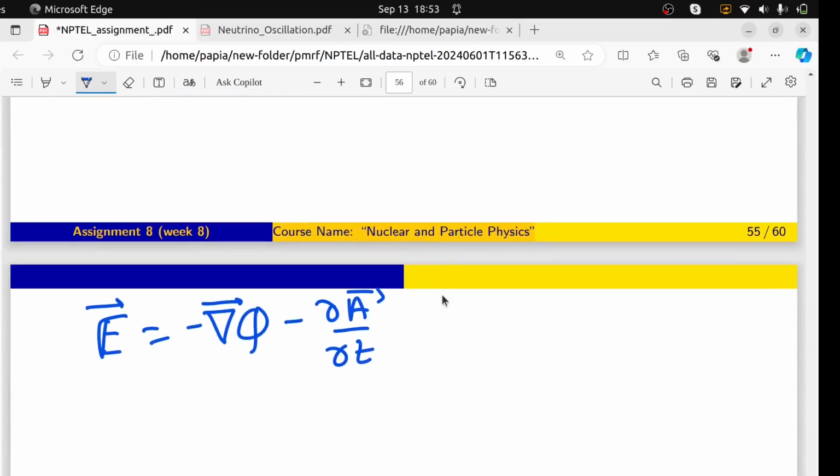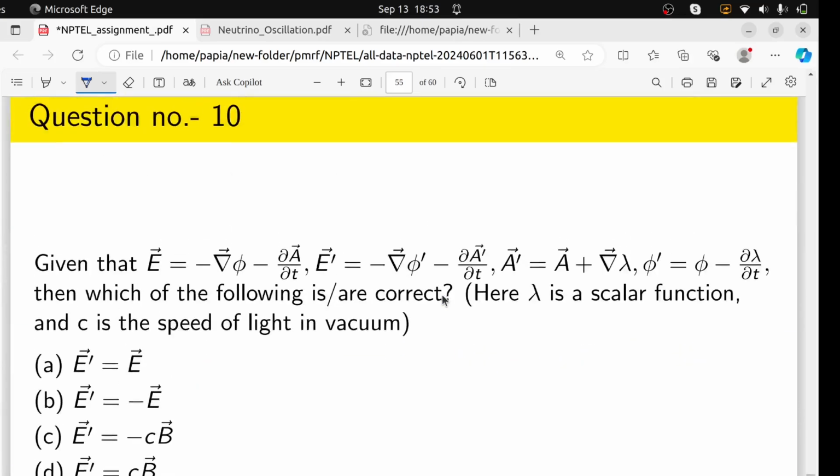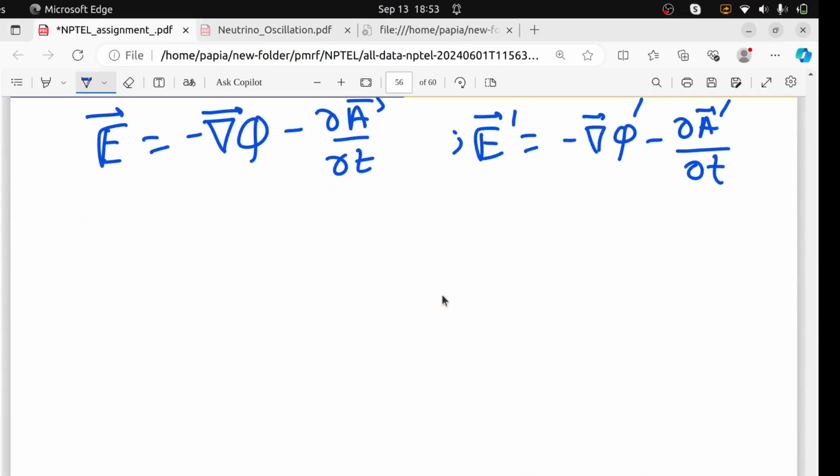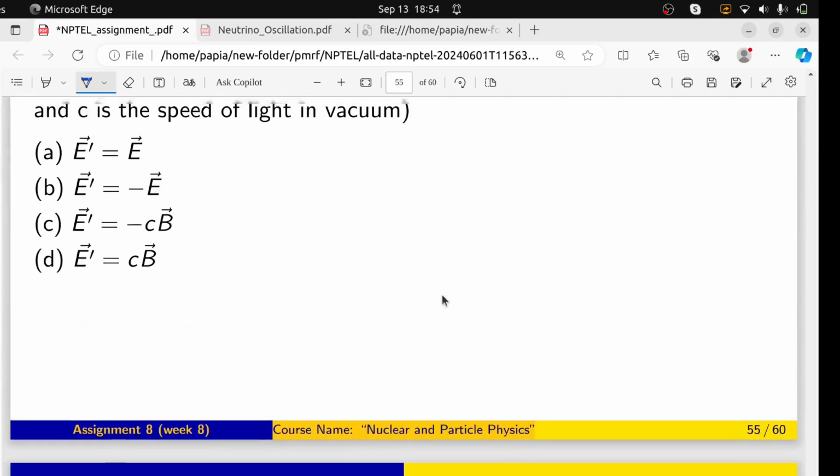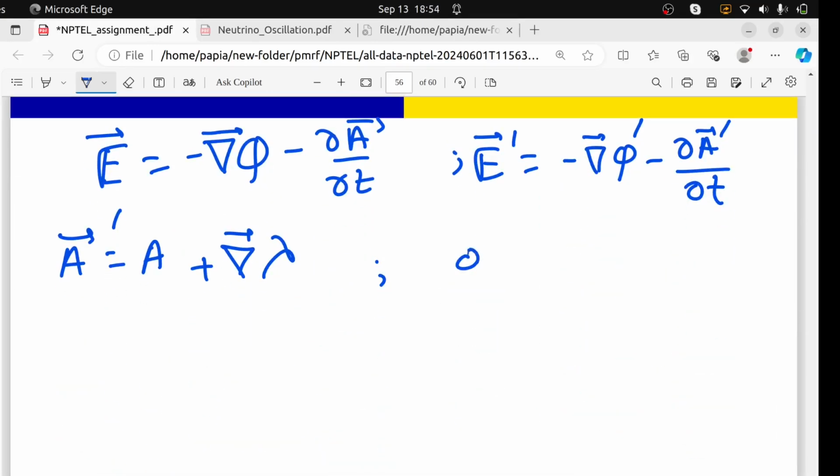E prime is this phi prime minus del A prime del T, and then A prime is A plus grad lambda. And phi prime is phi minus del lambda del T. So here there is no vector sign because all are scalars here.